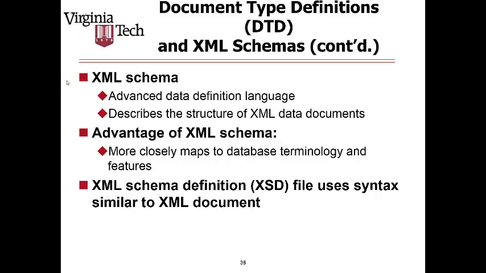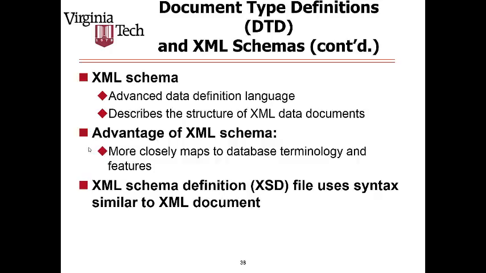So we now have XML schemas, which are more advanced in terms of being able to specify data types. Maybe not all of the data types that the database recognizes, but the data types that the database does recognize.